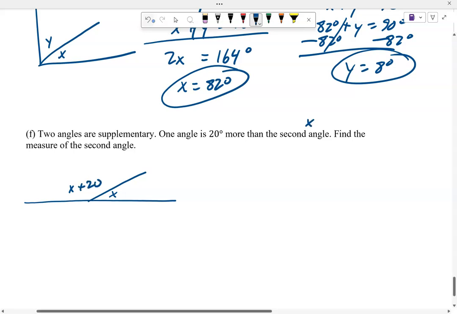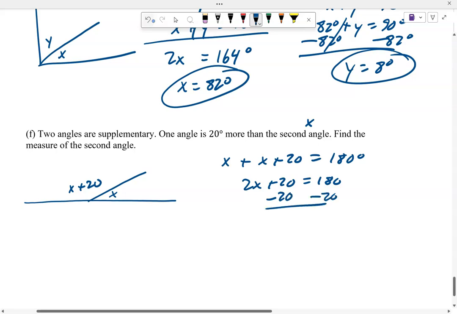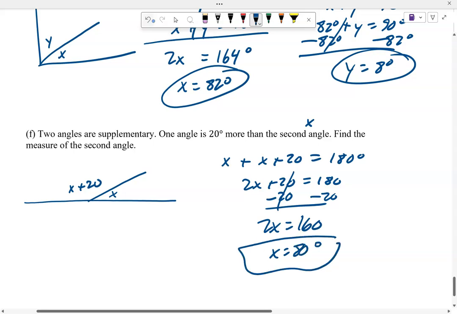I'm calling the second angle x. Find the measure of the second angle. So we got x plus x plus 20. These add up to 180. Subtract 20. So I got 2x equals 160, divided by 2, and I got 80 degrees. That would be our second angle.